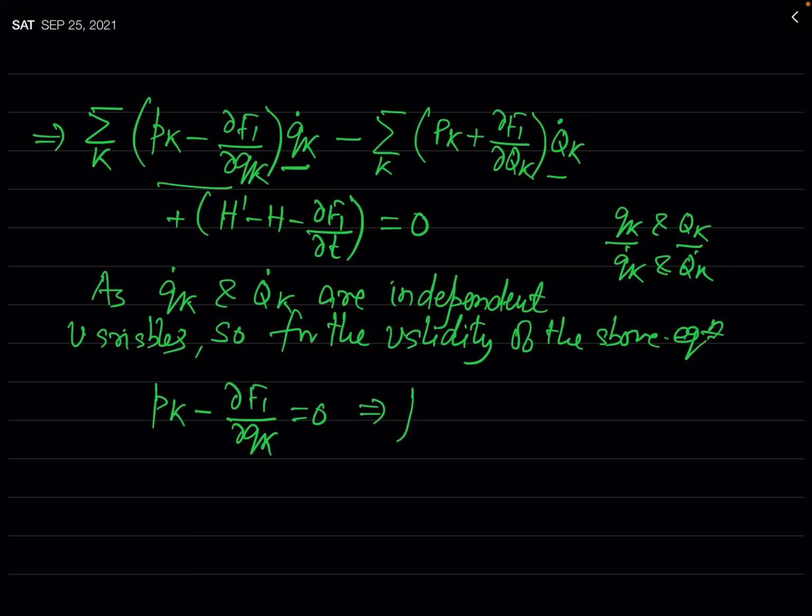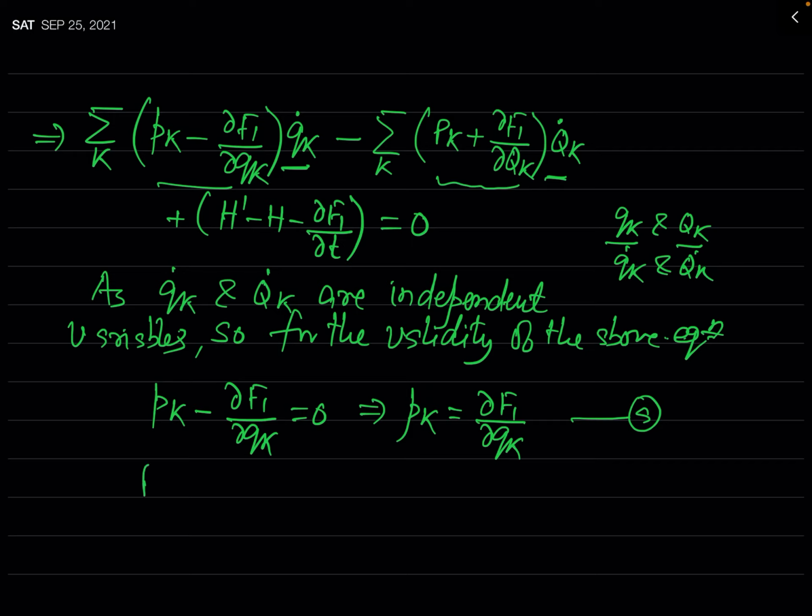And so you can see here that this small pk is equal to del F1 by del Qk. So you can see we have proved this result which I have mentioned in the previous lecture directly. And again you can see that the coefficient of this capital Qk dot is this much. So this will also be equal to 0 for the validity of this identity.